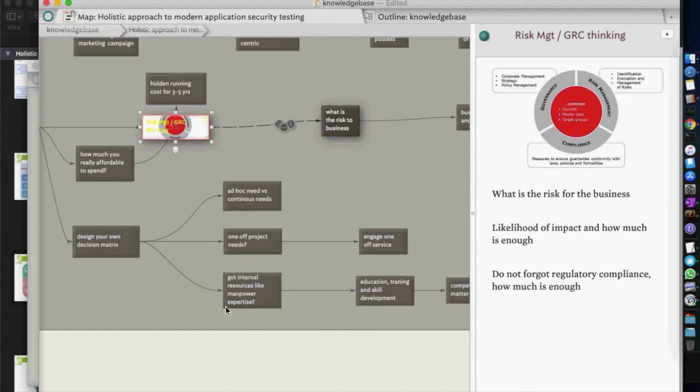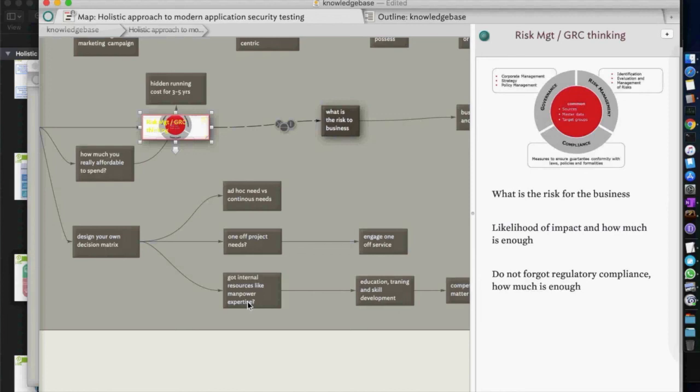Another decision-making key point is whether you have the internal resources, like manpower and expertise, to apply the right technology and the right tool to carry out the task in the correct way.